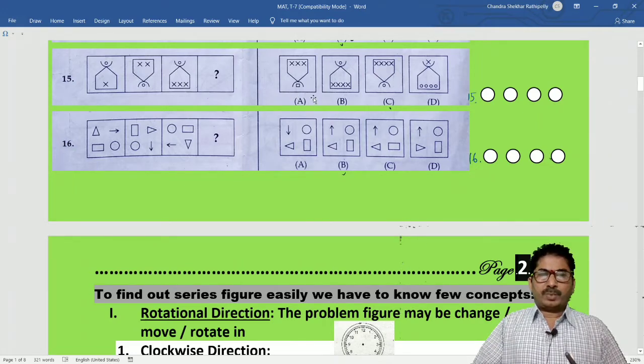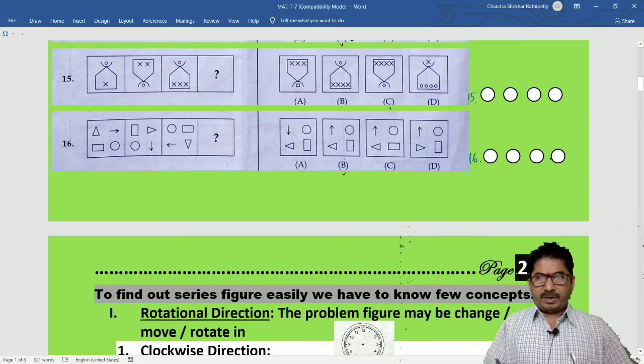So ulta palta first, A and C are in competition. Next we have to count these int marks: 1, 2, 3, 4. In figure A there are 3 only. In this fourth, C, we have 4 int marks. So that's why C is the correct option.